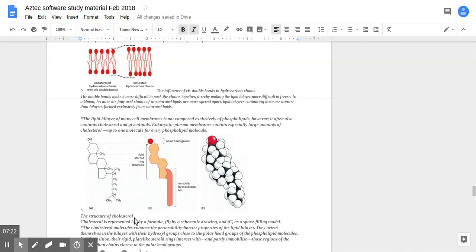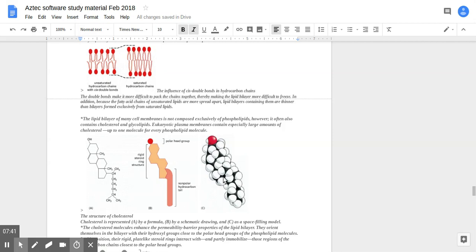Cholesterol is a sterol molecule, which we learned about earlier. This is the drawing. Cholesterol is shown with the formula as well as the schematic and space-filling model.